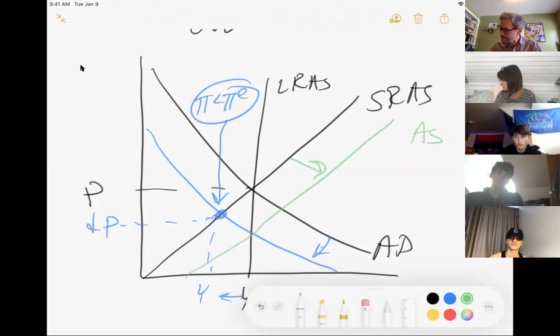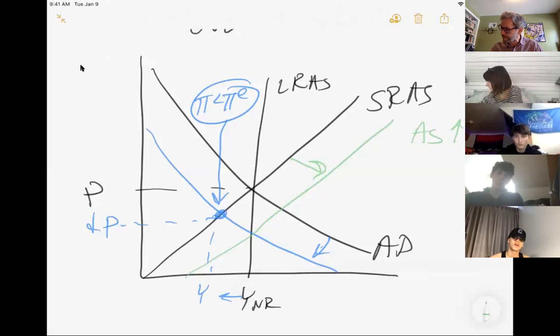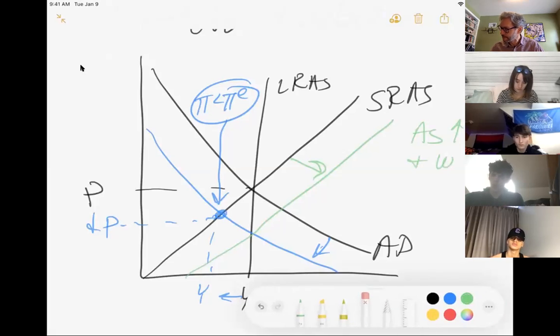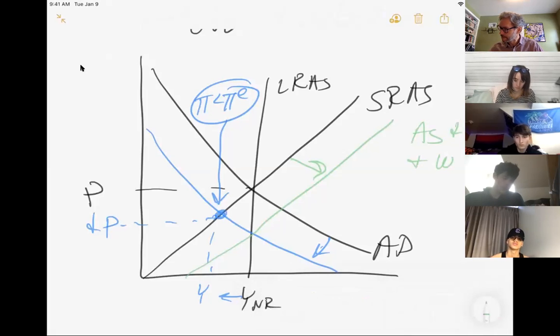So in other words, as people decrease their expected price level, the short-run aggregate supply curve moves to the right.